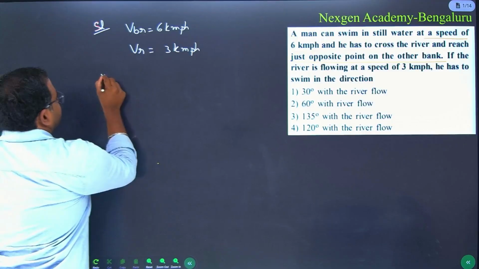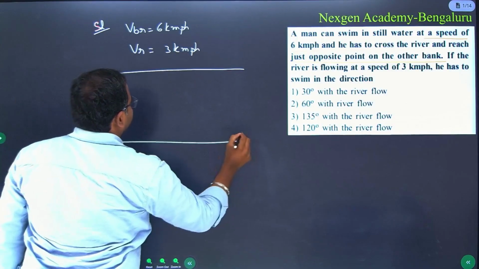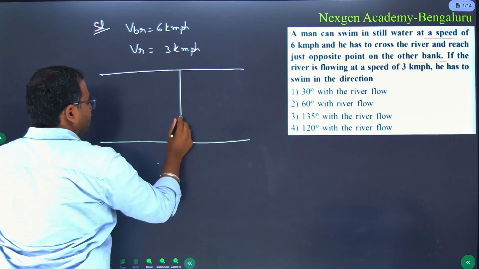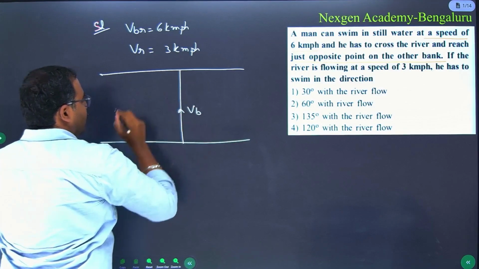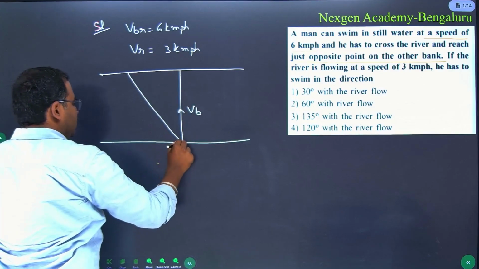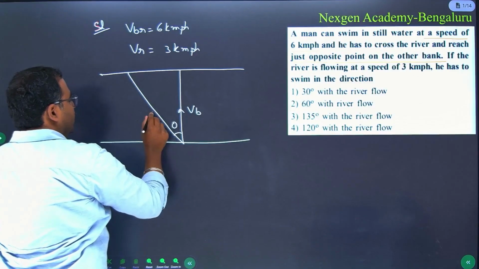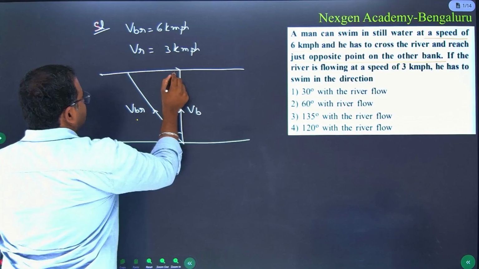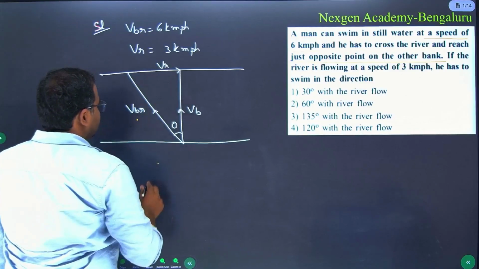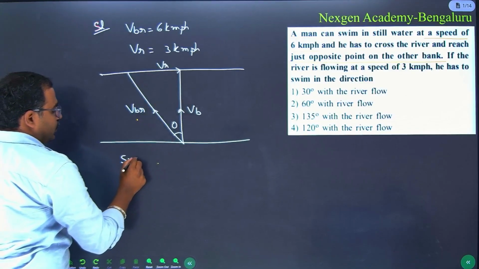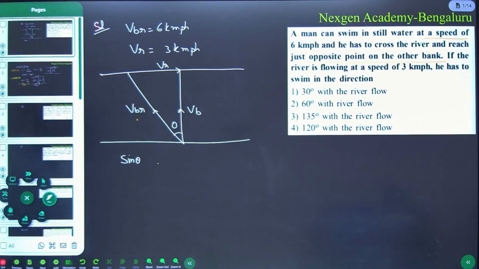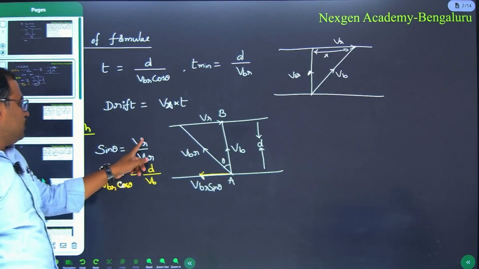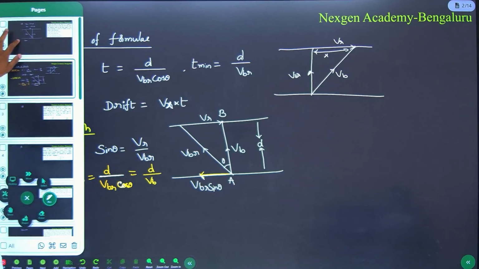As we have seen in the diagram for this kind of situation, here is the direction of the velocity of the boat or the man, and here is the angle with which he is swimming, the velocity of the boat with respect to river, and the velocity of the river. So sin theta is equal to VR by VBR. We already summarized the formula. Now let me use that formula here.